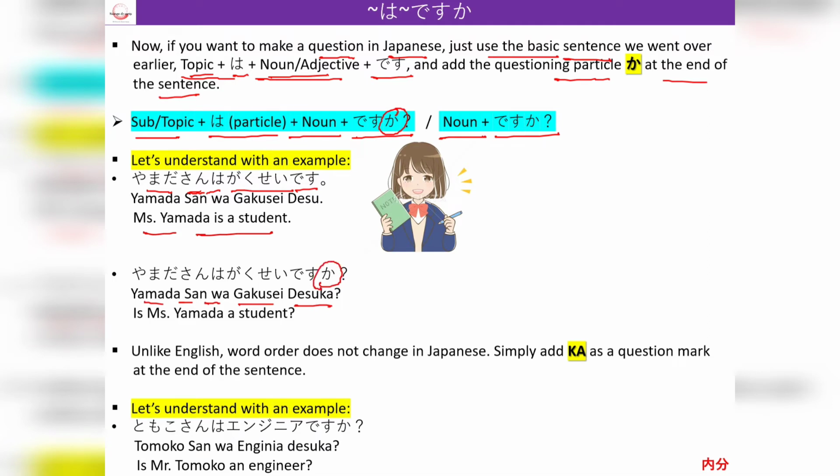It means the person is asking, is Miss Yamada a student? Here we have written this sentence without ka, so this was a statement: Miss Yamada is a student. And here the sentence is with ka, so the statement has been converted into a question. And it becomes, is Miss Yamada a student?